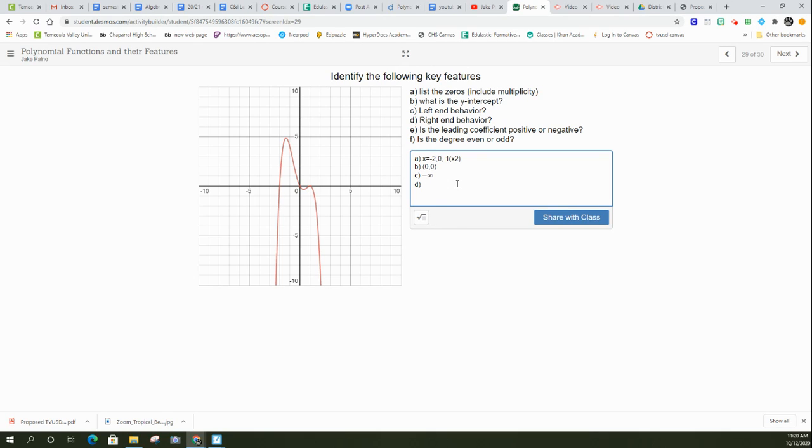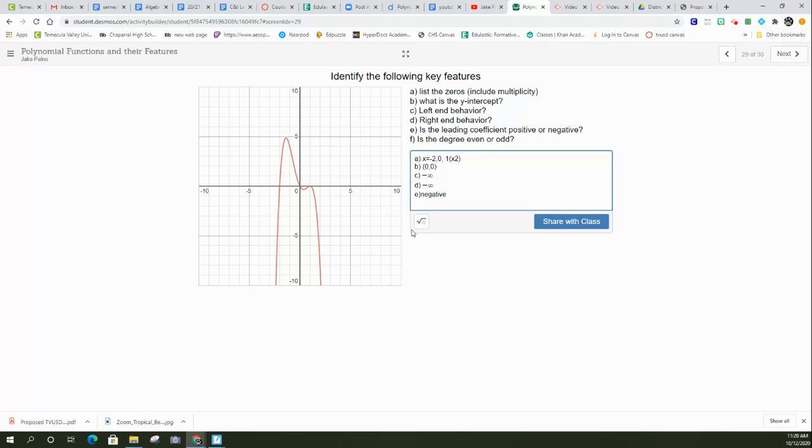The right end behavior is also negative infinity. Again, you get the infinity symbol. I'm just hitting the little square root down here, type math, and I type the word infinity and it changes it to the symbol. The leading coefficient positive or negative, that's negative. And I can know that because my right end behavior is going down.